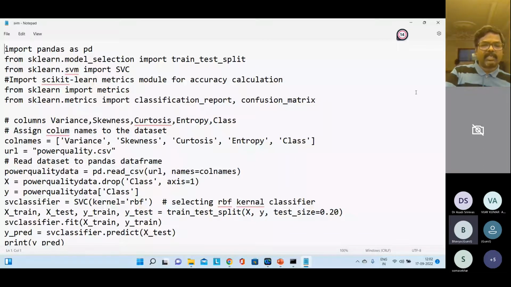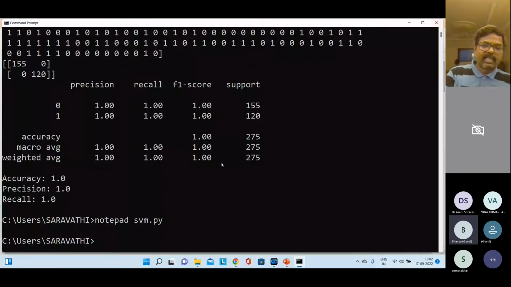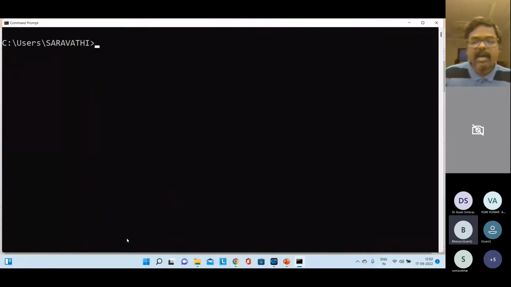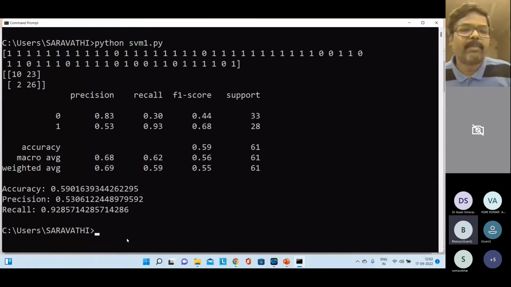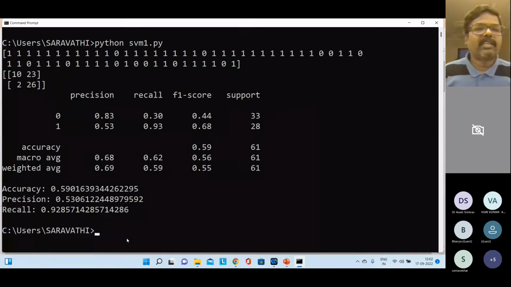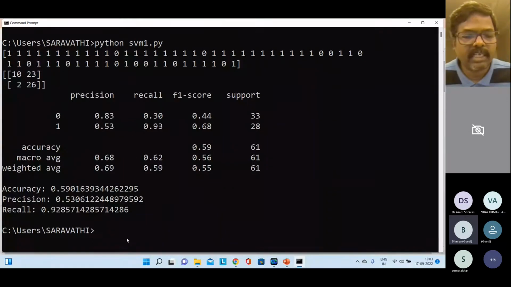I have executed it. The same support vector machine I can use for another application like a heart disease data set. Python svm1.py. Same algorithm I have applied. See here, I have taken a heartbeat data set. I have taken total 61 instances of heart patients' data.